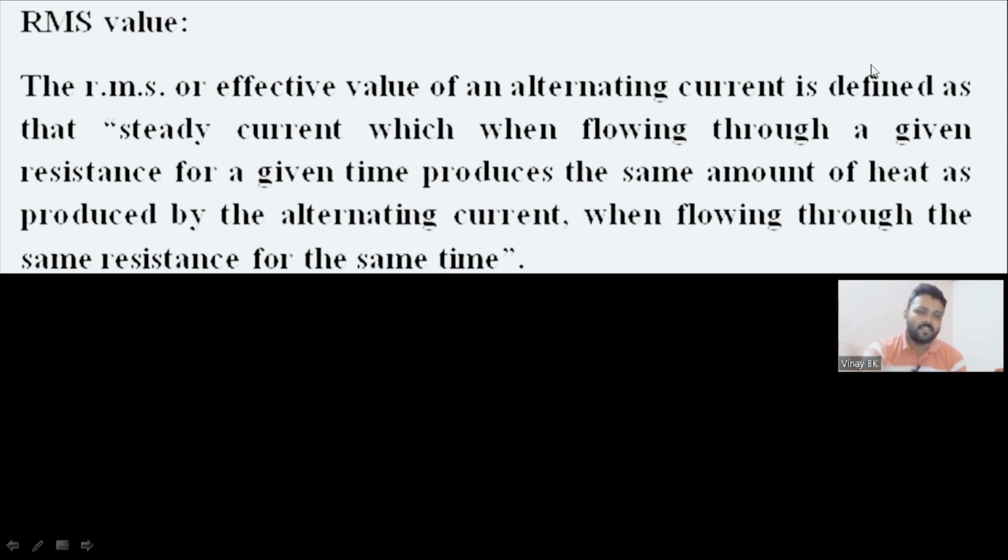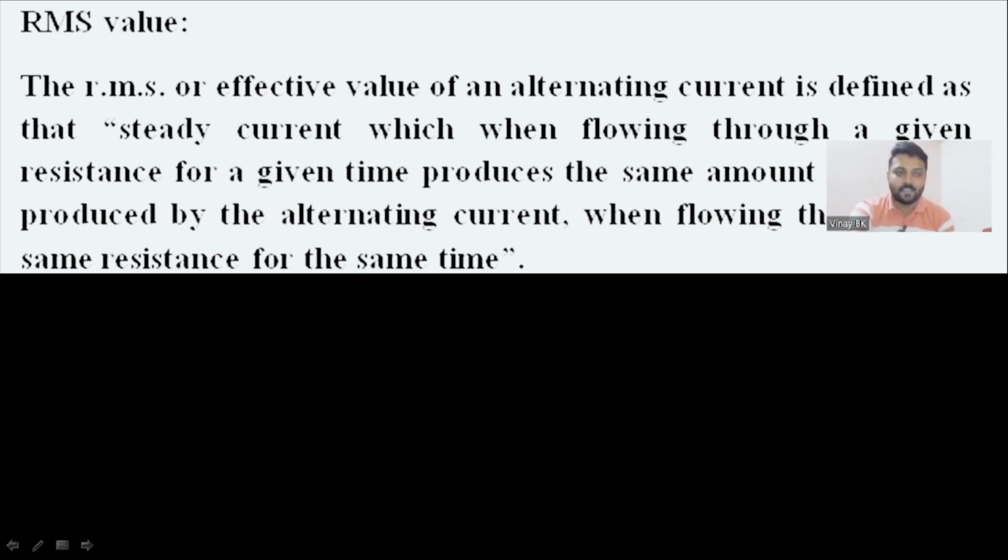In the textbook definition, you can see: when a steady current flowing through a given resistor for a given time produces the same amount of heat as produced by the AC flowing through the same resistor for the same time. Similarly, the second parameter is average value.